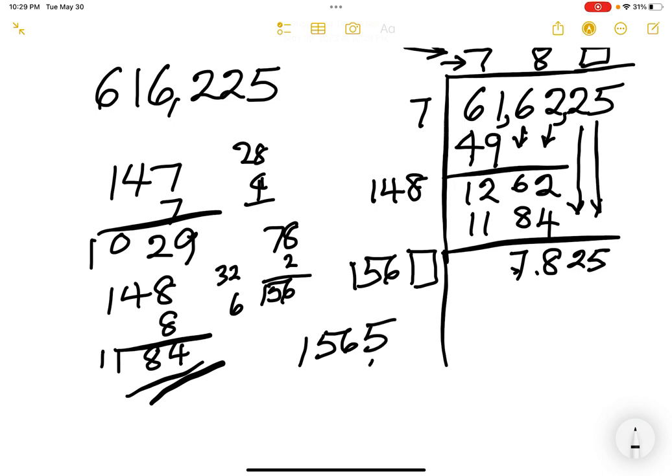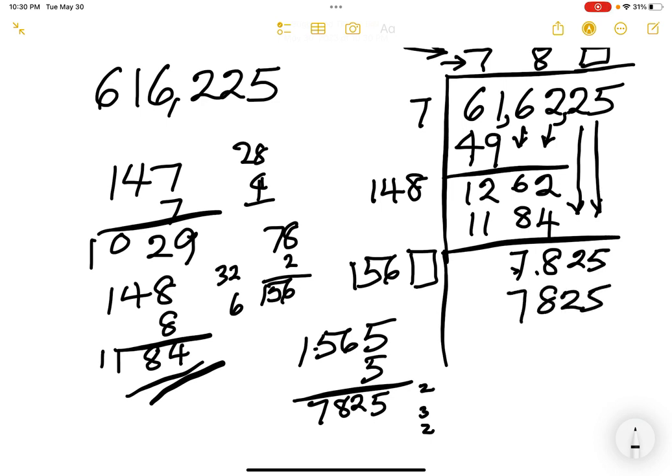So let's try 1, 5, 6, 5. 5 times 5, 25. Carry 2. 6 times 5, 30, plus 2, 32. Carry 3. 5 times 5, 25, plus 3, 28. Carry 2. 5 times 1 is 5, plus 2, 7. So we have 7825.